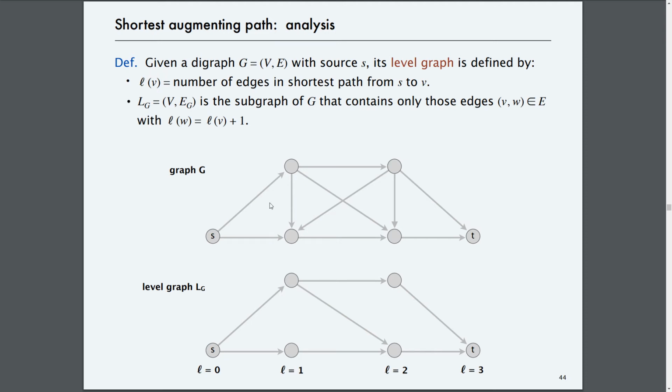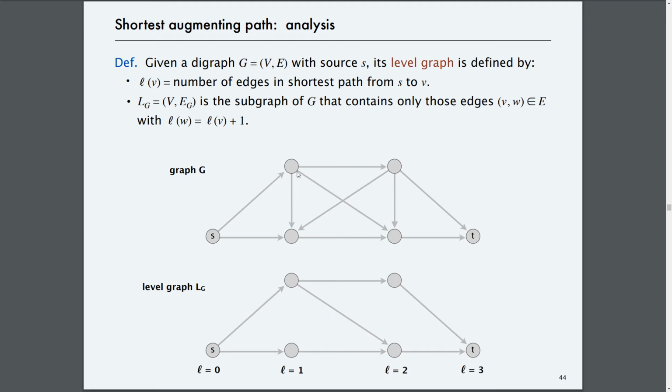And the reason we skip this edge in the level graph is because this is level 1 and this is level 1. So this is not increasing by 1 here. If there were an edge going from this node to T, then we would also skip that one because it's increasing by too much.